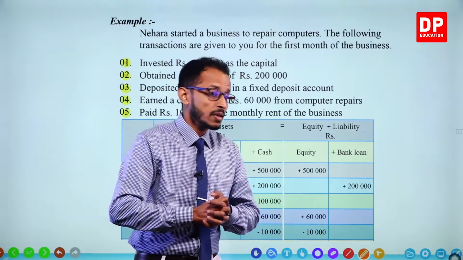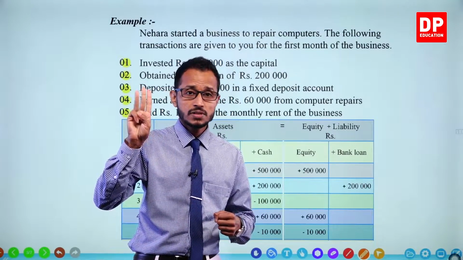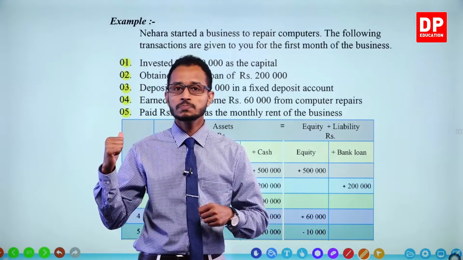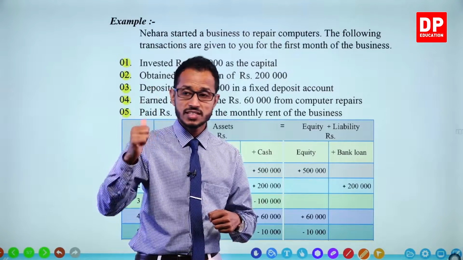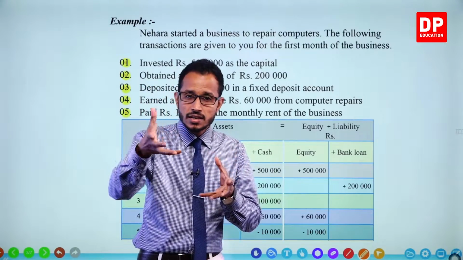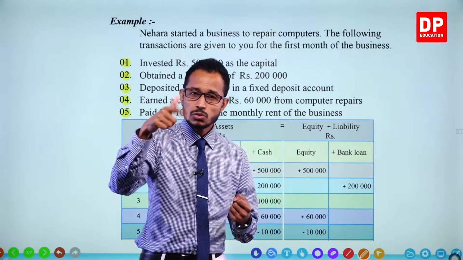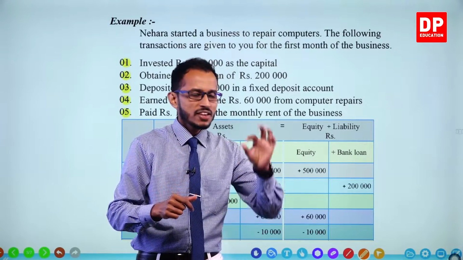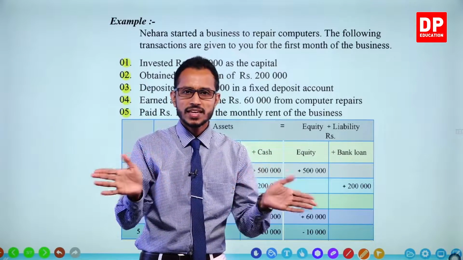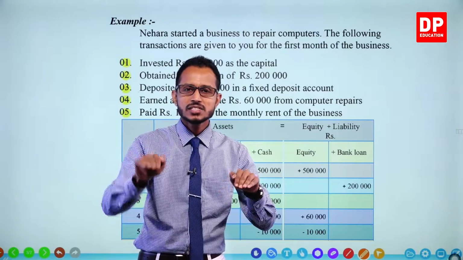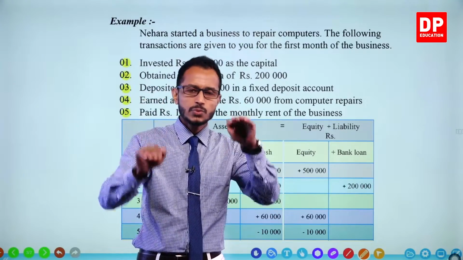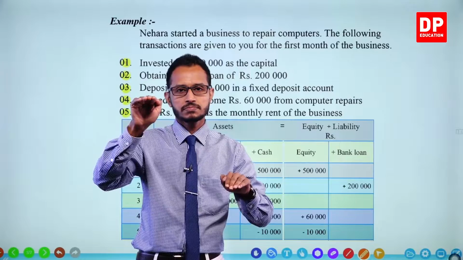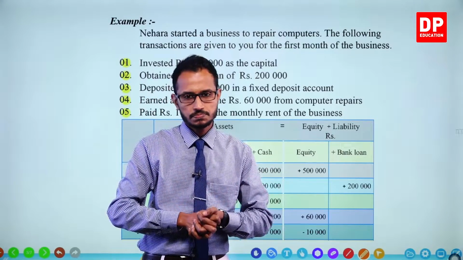You might remember we took 3 examples which are given in the textbook, and we discussed how those transactions affect the accounting equation, how assets, liabilities and equity change due to the transactions.